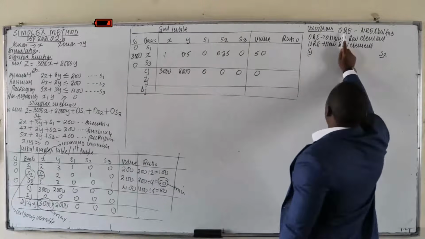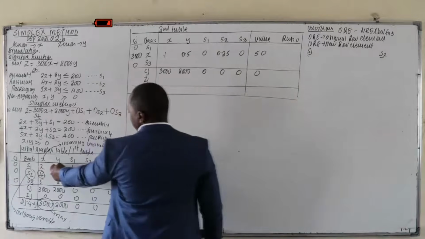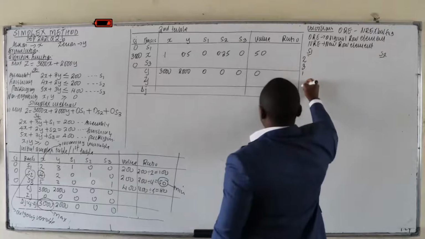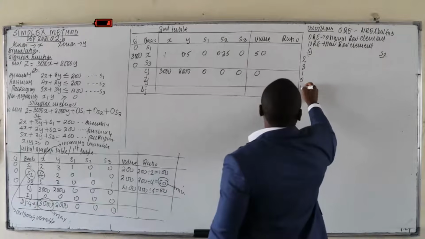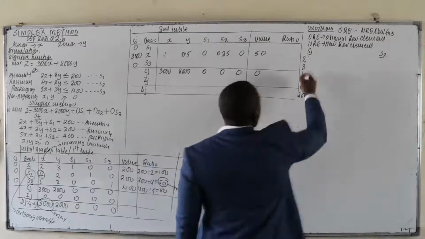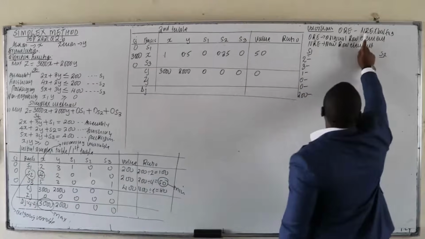You take the original row element. For S1, the original row element from the first table was 2, 3, 1, 0, 0, and 200. Then you minus the new row element.